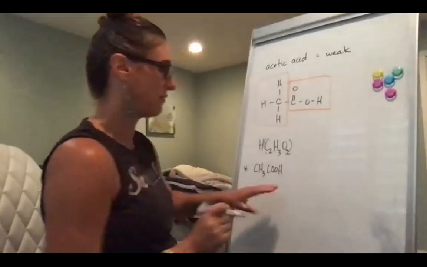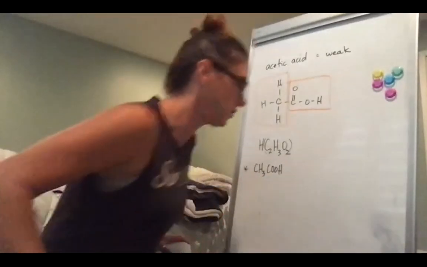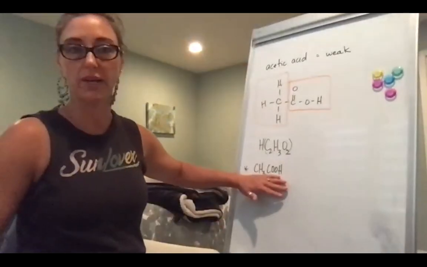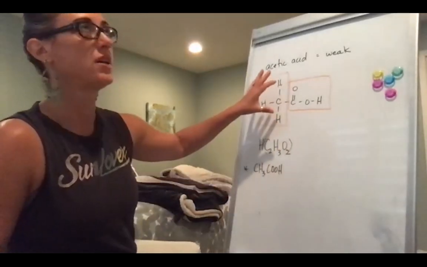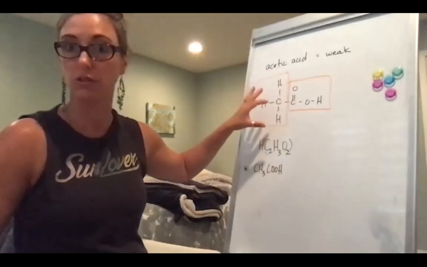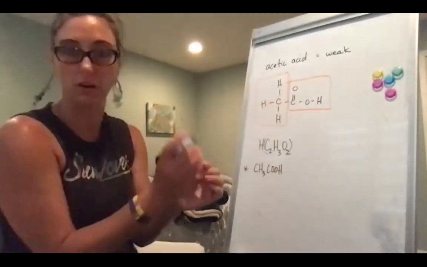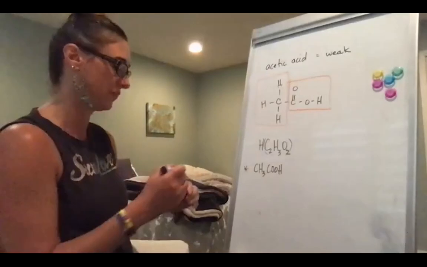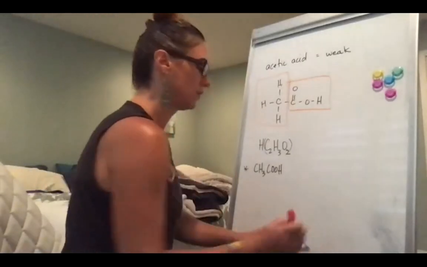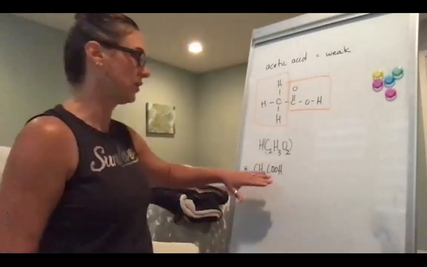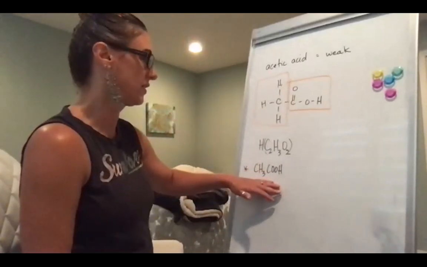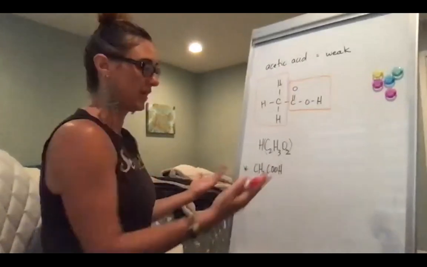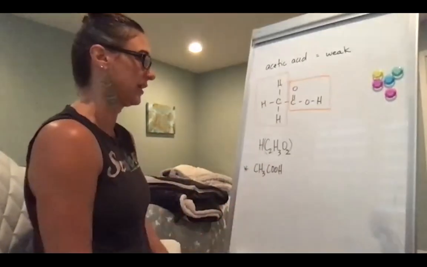With organic compounds, we do write CH3COOH to give us an idea of what the structure looks like rather than keeping all the carbons together and all the hydrogens together, okay? So just be aware that organic molecules are often written this way, because you can understand the structure of the molecule by looking at it, okay?